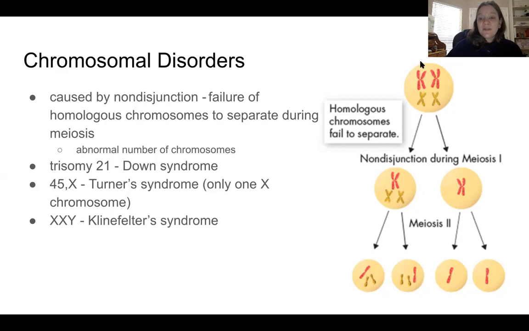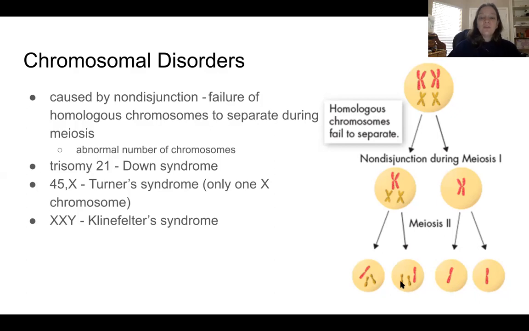But because of non-disjunction, these yellow chromosomes did not separate during meiosis 1, so we wound up with this cell that has twice as much as it needs. And when that cell goes through meiosis 2, we still have twice as many chromosomes as we need.